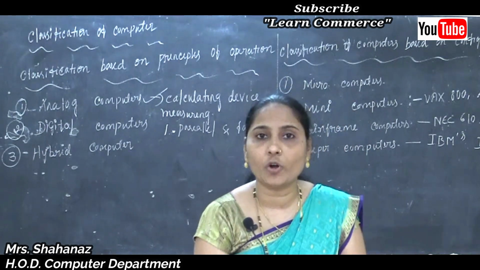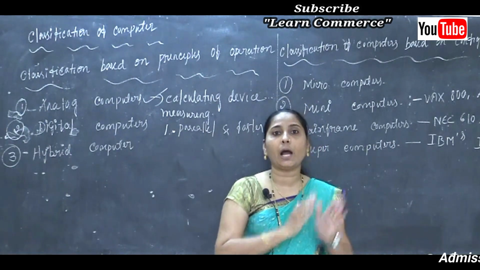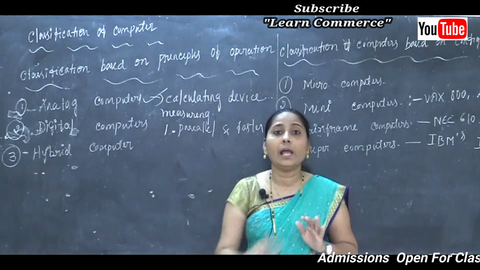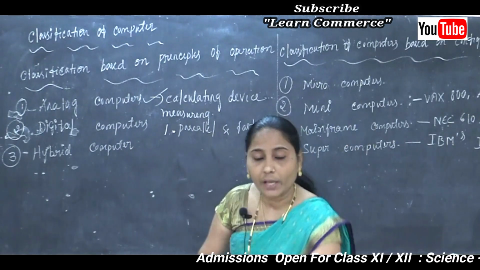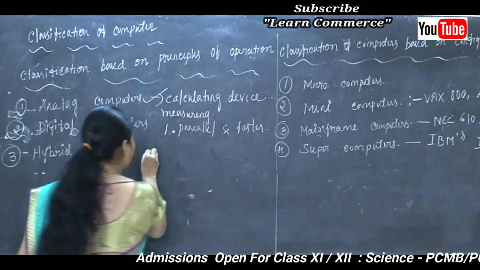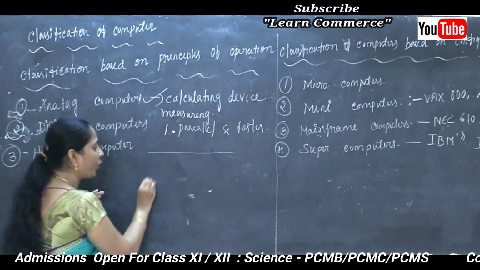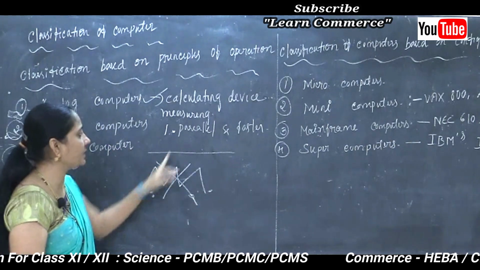So any calculation does not go up and down in an analog computer. All those calculations are going to be done in one line only. If any calculation is there, it will go in one line only. It is not going up and down. Clear this point? So this is called parallel.